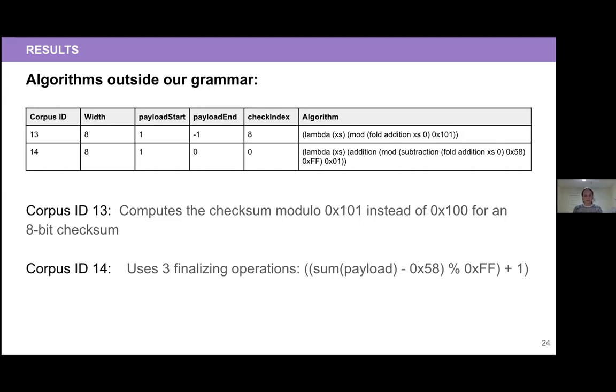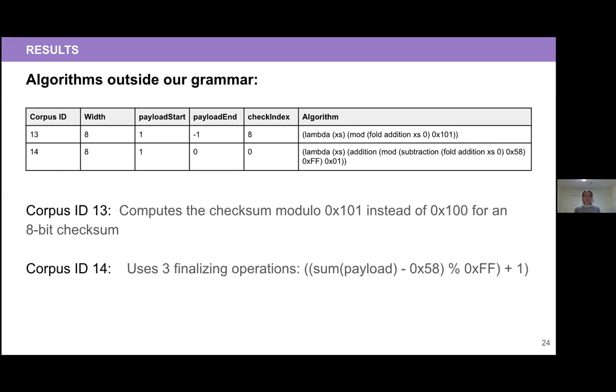which is a strange outlying case. And then the second algorithm performs 3 final operations instead of just 1. Because we could express almost every checksum algorithm that we collected in terms of a single final operation, we didn't add this class of algorithm to the grammar based on just this one example. But if we do find more examples that match this design pattern, then we'll want to add this sort of thing to the grammar.